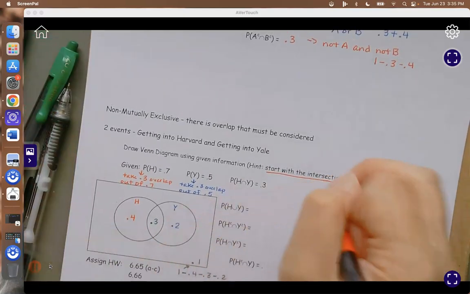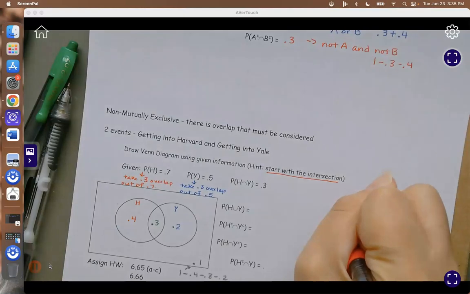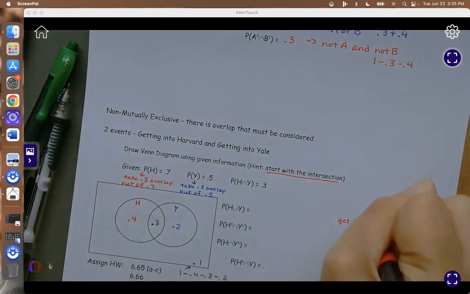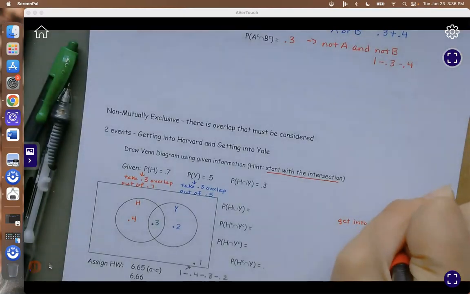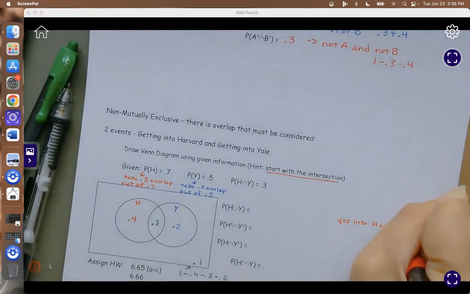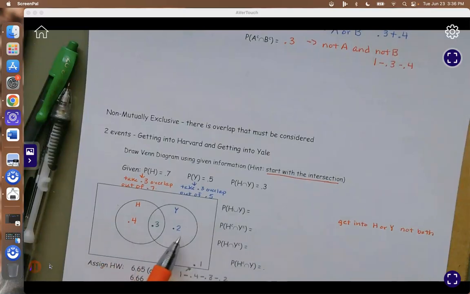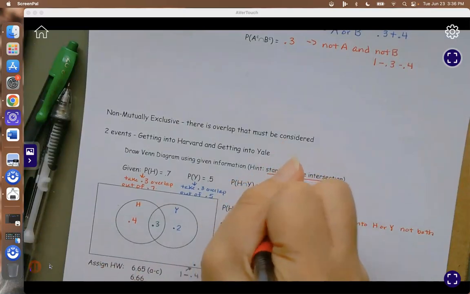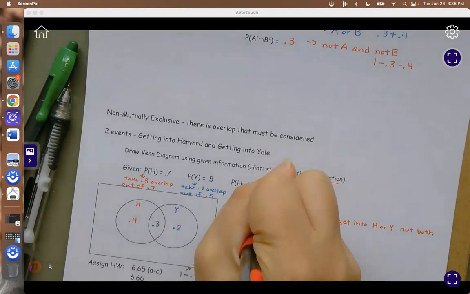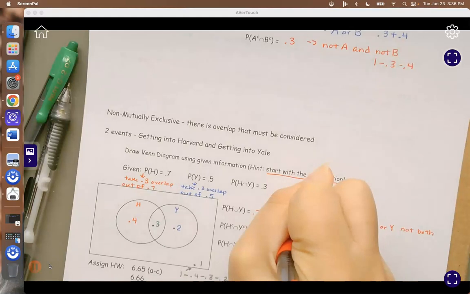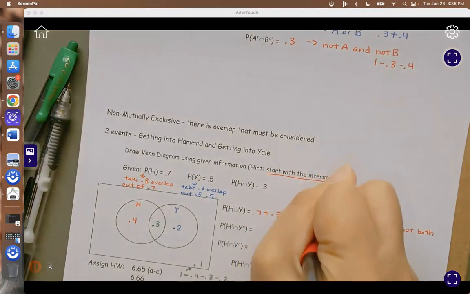Okay, get into Harvard or Yale, not both. Okay, so you could do 4 plus 2, or you could do the 0.7 plus the 0.5 minus the 0.3.